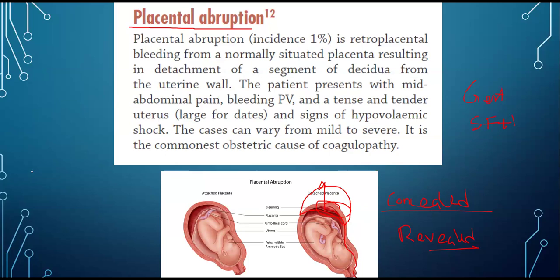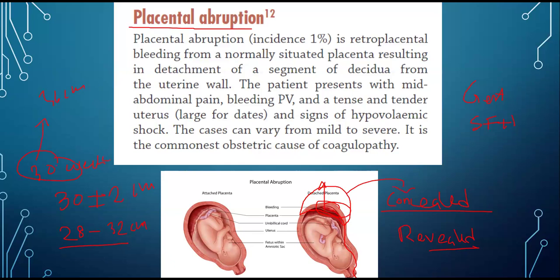So if gestational age is 30 weeks, the uterine height should be 30 plus or minus 2 centimeters. So between 28 to 32 centimeters is normal. But now, because the uterus is getting larger from blood accumulating, you will find that in a 30 weeks pregnant patient, the uterine height might be 36 centimeters. So there will be symphysiofundal height greater than the gestational age. That's one of the findings you can get in the concealed variety.